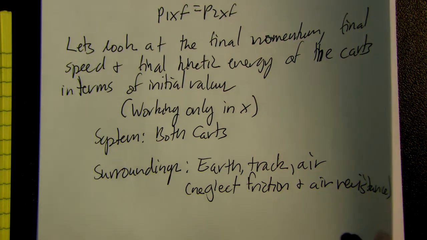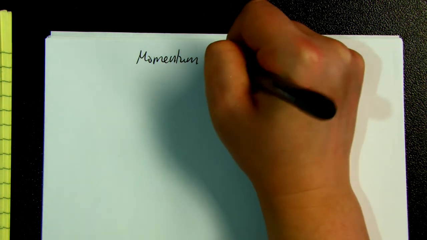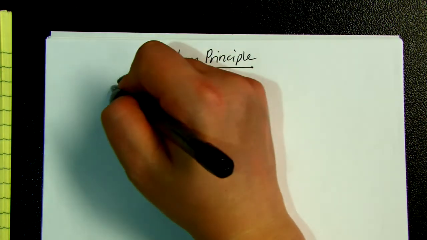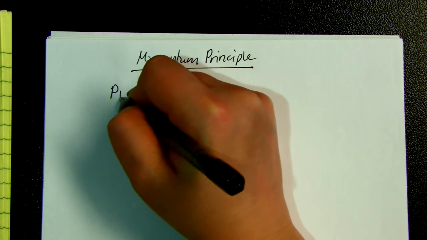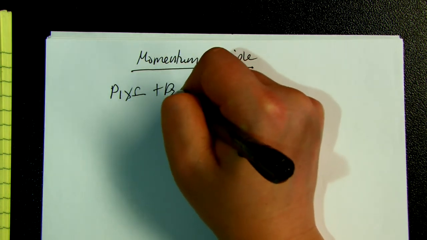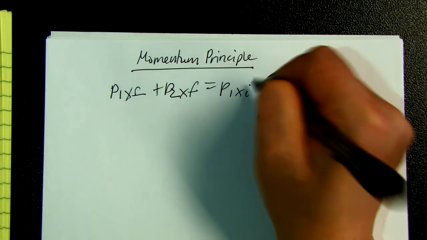All right, so now that we've got that set up, let's go into the momentum principle, which always holds. Final momentum is always equal to initial momentum. It's just that the initial kinetic energy is not always equal to final kinetic energy. So P1x final plus P2x final is equal to P1x initial.